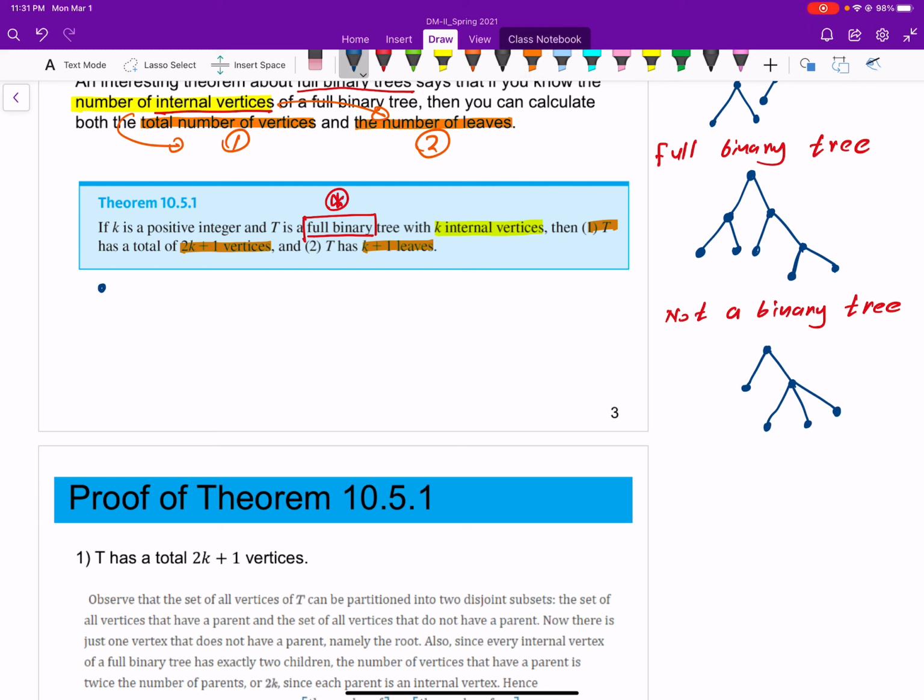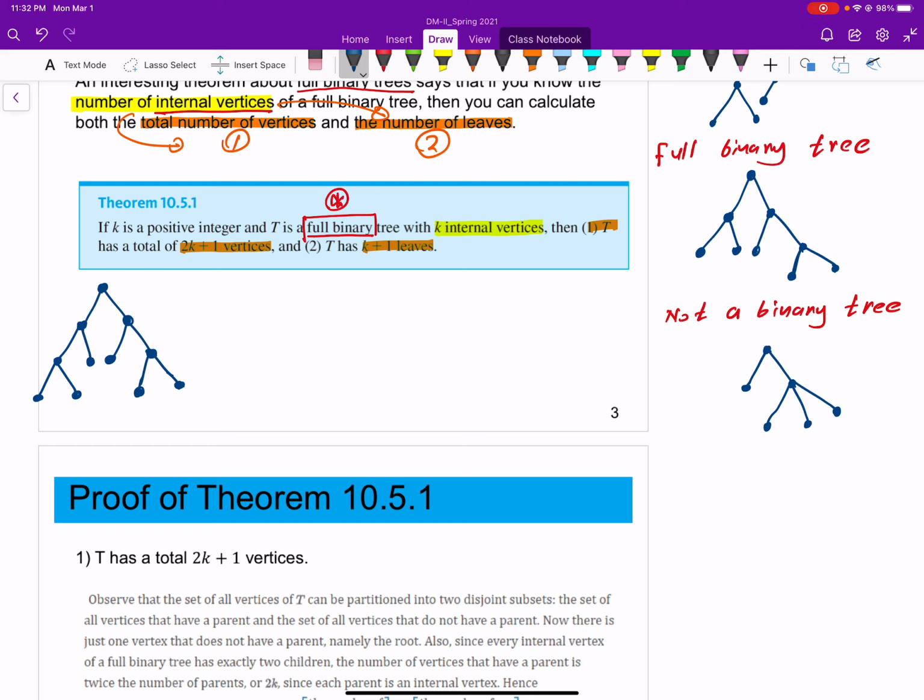Let's consider this tree. It should be a full binary tree. And it has k internal vertices.